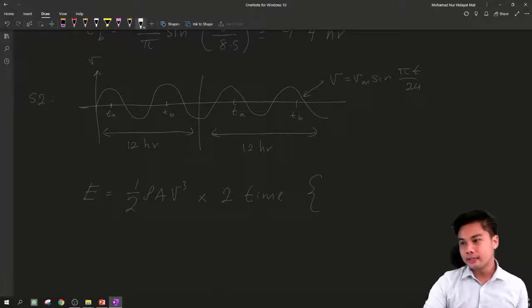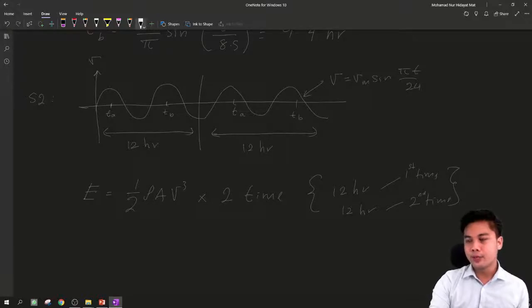Why 2 times? Because 12 hours one time, and 12 hours another second time. That's why multiply with 2. So this one cancels out, we will get rho A V cubic.